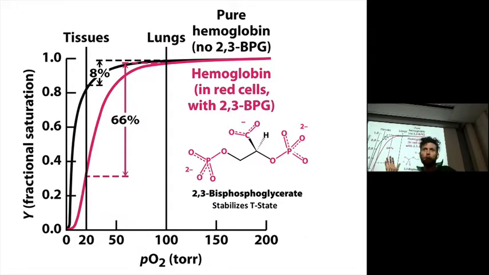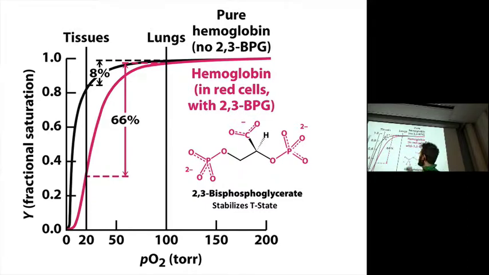But this is not what we see in vivo, in the actual whole cell preps. Instead, we have this red curve here, where during exercise, we're unloading 66% of the oxygen that is being brought on board at the lungs, as opposed to 8% in pure hemoglobin.